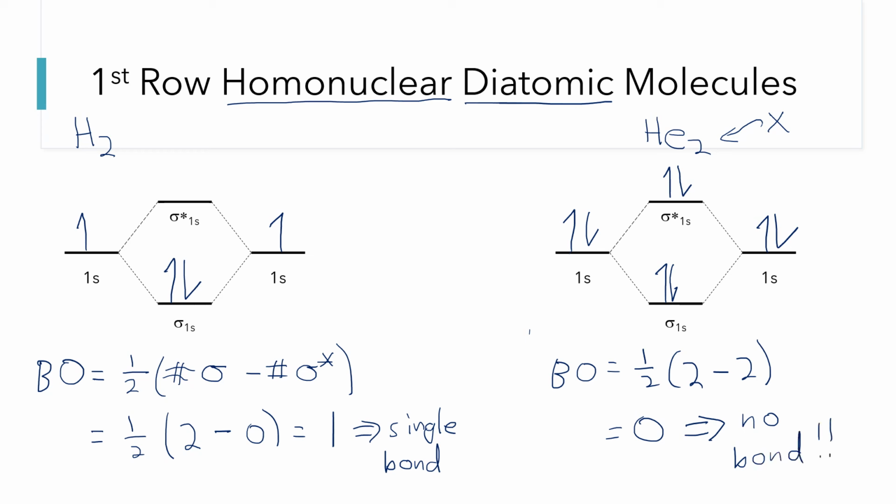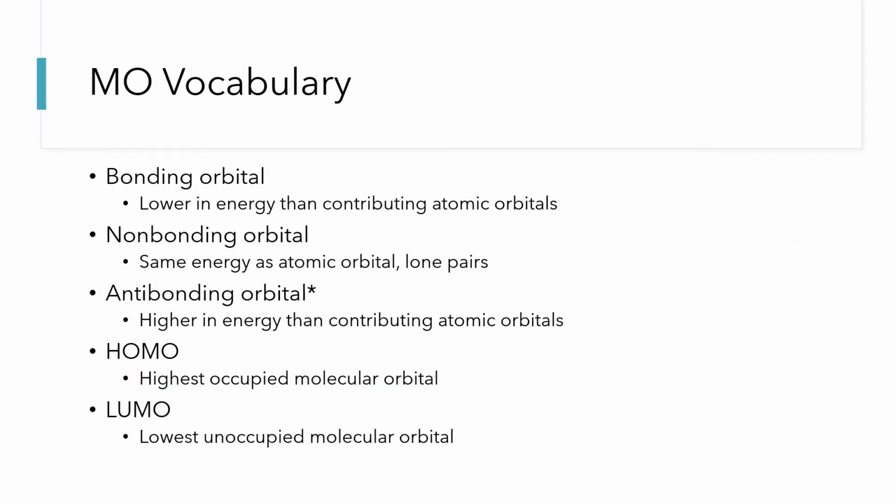So this theory backs up something we already knew, which was that helium does not form a diatomic molecule and hydrogen does. Let's round up some of the vocabulary related to molecular orbitals. A bonding orbital is one that's lower in energy than the atomic orbitals. A non-bonding orbital is something like maybe where a lone pair is stuck, and it's probably going to be there at the same energy as the atomic orbitals.